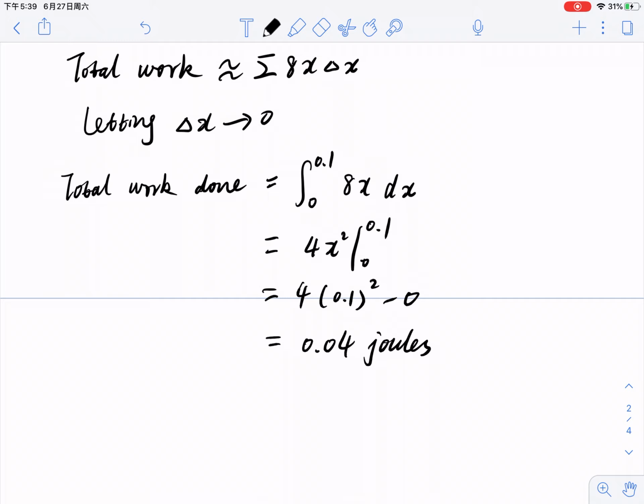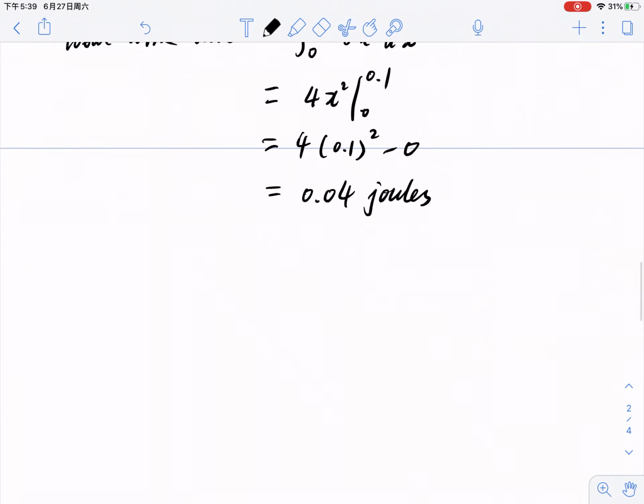In general, if force is a function of position x, we have the following formula for calculating the work done.